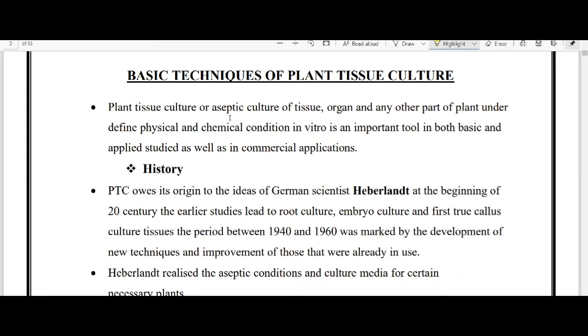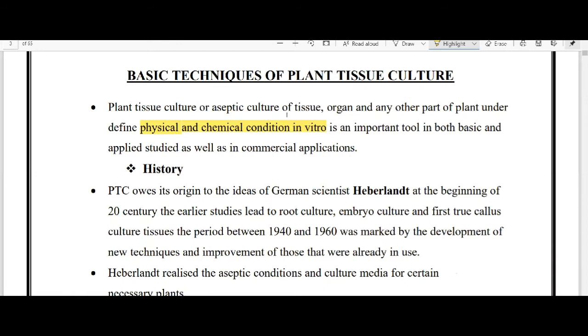Plant tissue culture, or aseptic tissue culture of organs, tissues and any other part of a plant under defined physical and chemical conditions in vitro, is an important tool in both basic and applied study as well as for commercial applications.